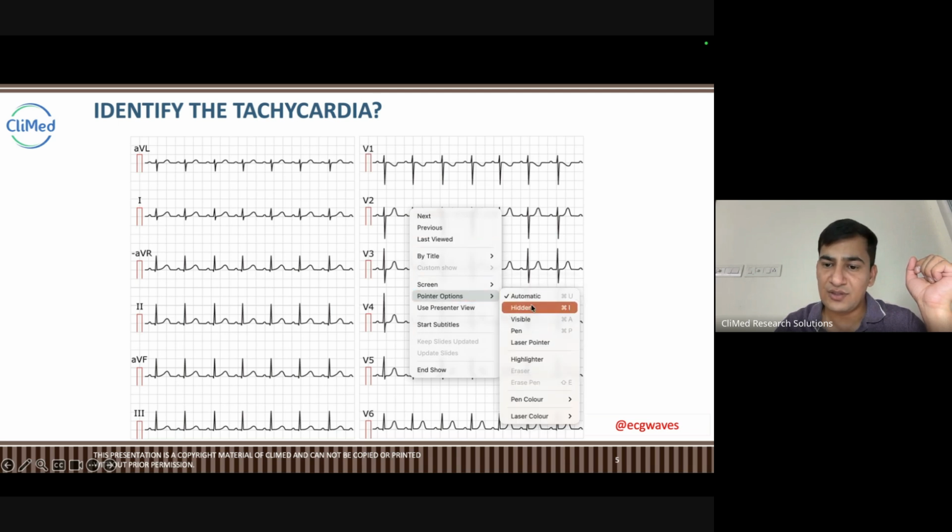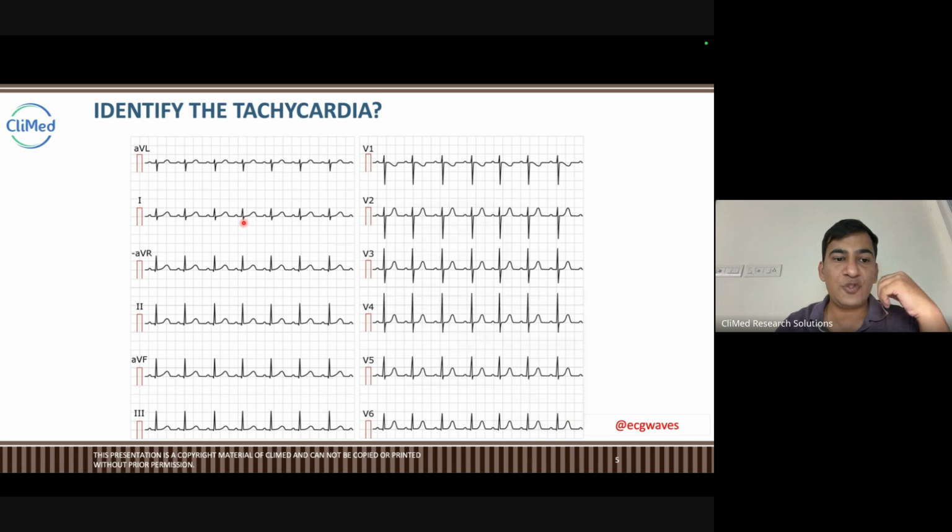One second, let me get the laser pointer. Okay. From here starting to the end, the baseline is straight. So this means everything looks normal except the heart rate.